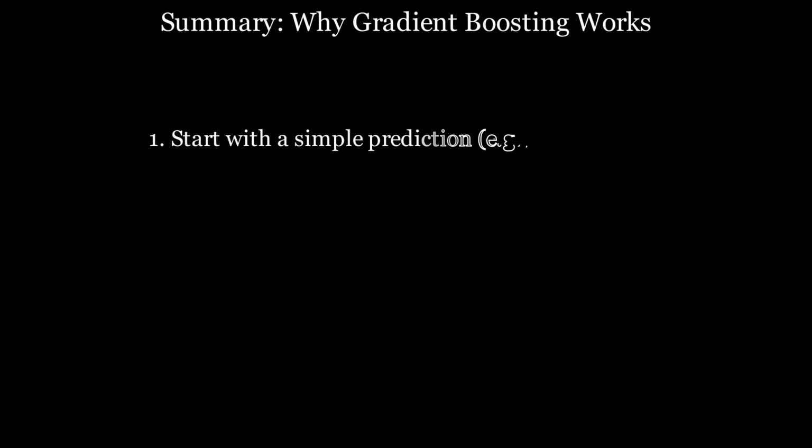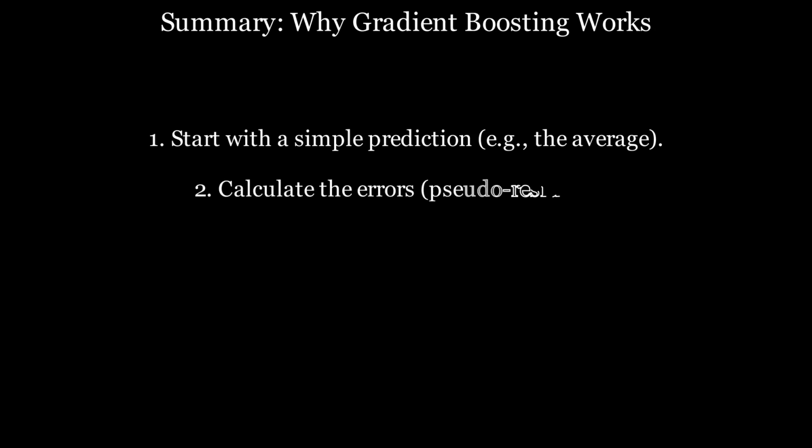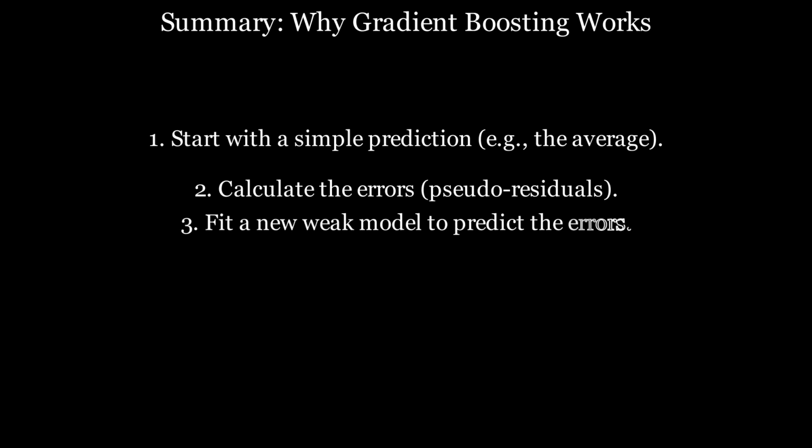Let's summarize. Gradient boosting builds a strong model by sequentially adding weak models. In each round, we calculate the errors, or pseudo-residuals, which are the negative gradient of the loss function. We then fit a new weak learner, like a small decision tree, to predict these errors.